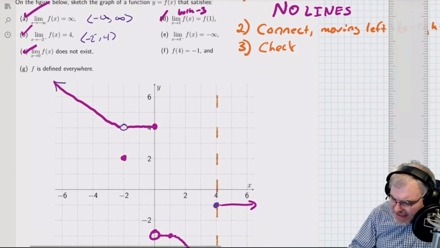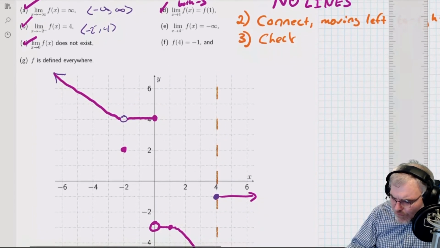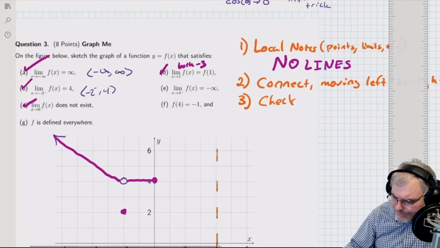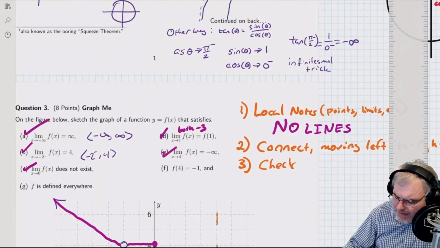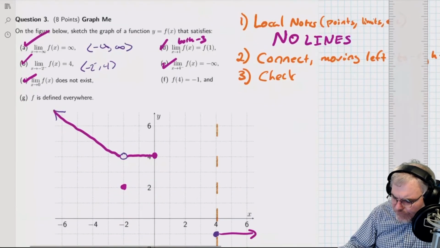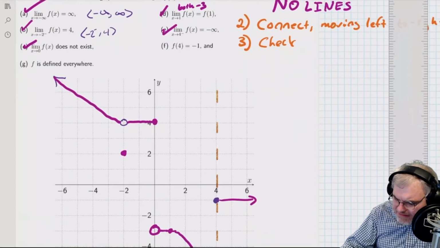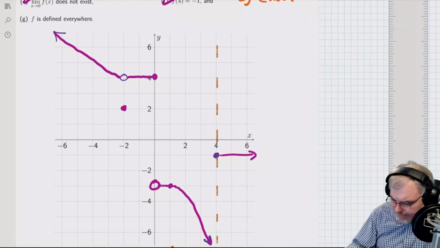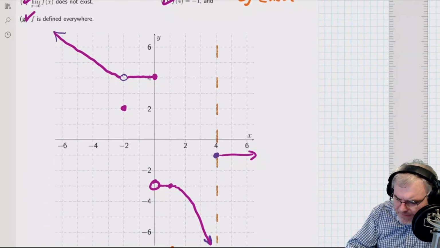Is it the case that the limit as x goes to 4 from the left is negative infinity? Yes. Is it the case that f of 4 equals negative 1? Yes. Is it the case I'm defined everywhere? Yes.